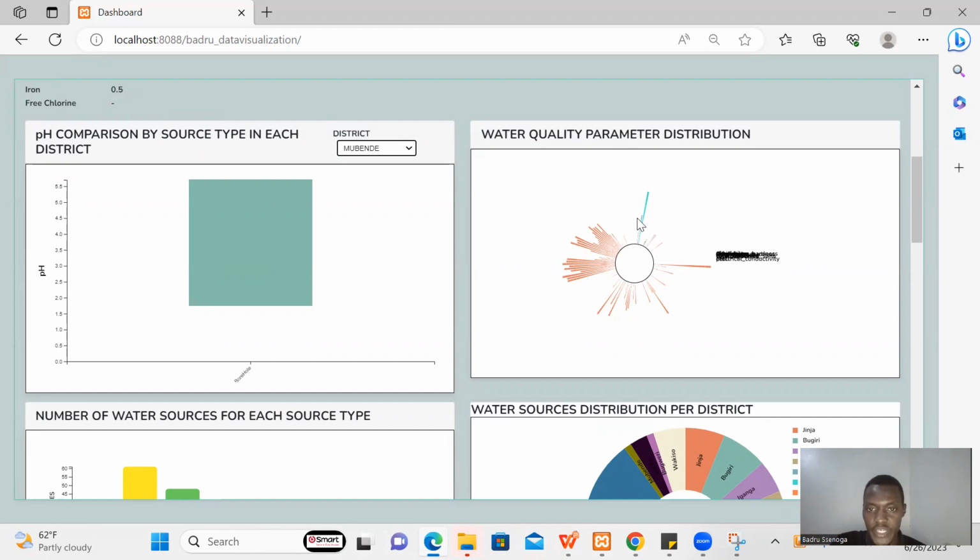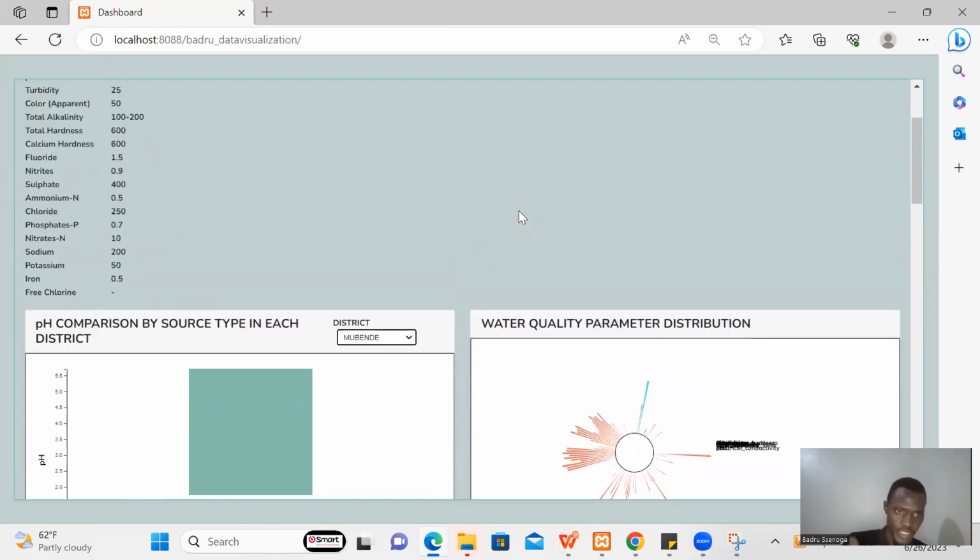Then for the water quality parameter distribution, this is the radar chart. This usually happens if a parameter occurs over a period of time, a cycle. Let's say like nitrate, the quantity may change after a week or after a month.